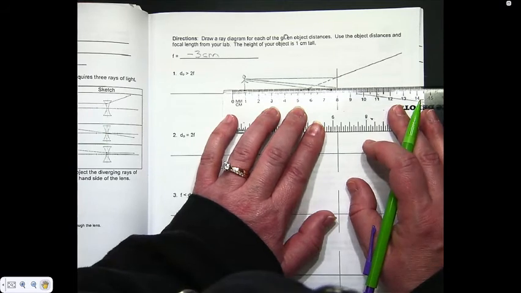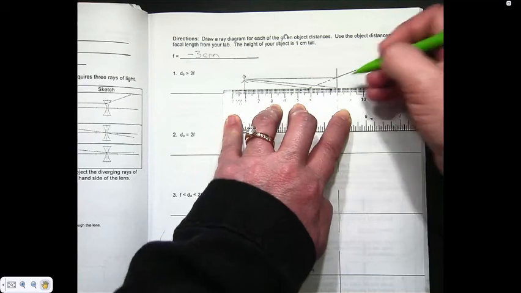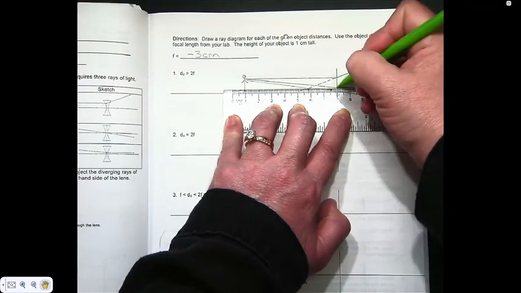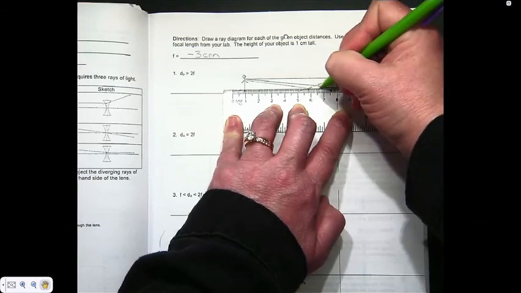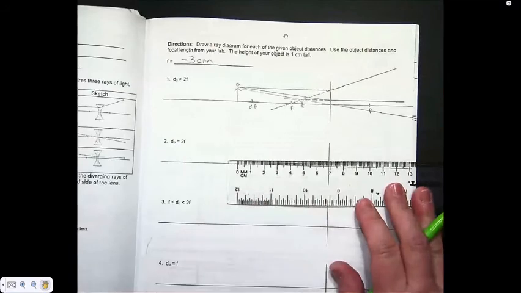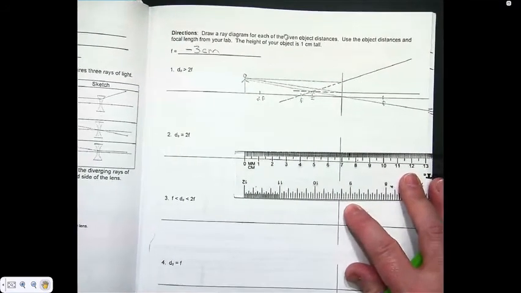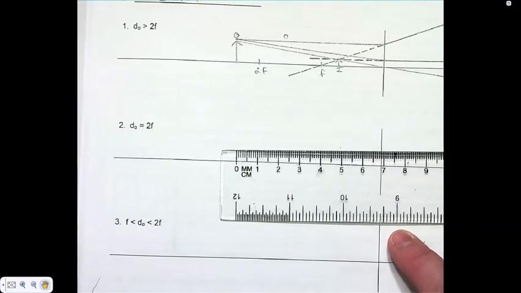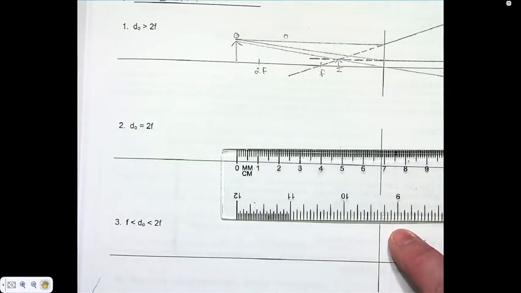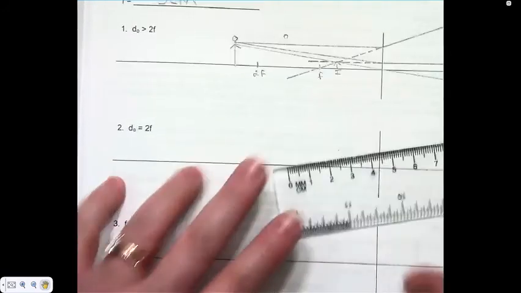Trying to get a sense of where that line is. So on the right, it will be parallel to the principal axis, and then I will draw a dotted line backward. And it does indeed seem to cross right at that point. So all three light rays, my two virtual rays and my real ray, appear to cross at this point.